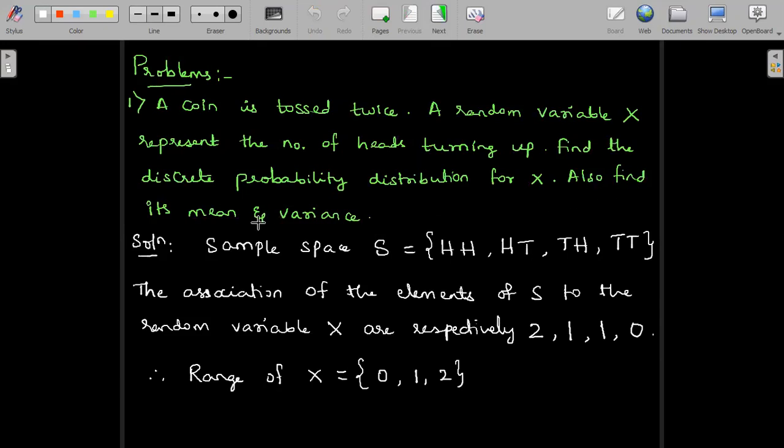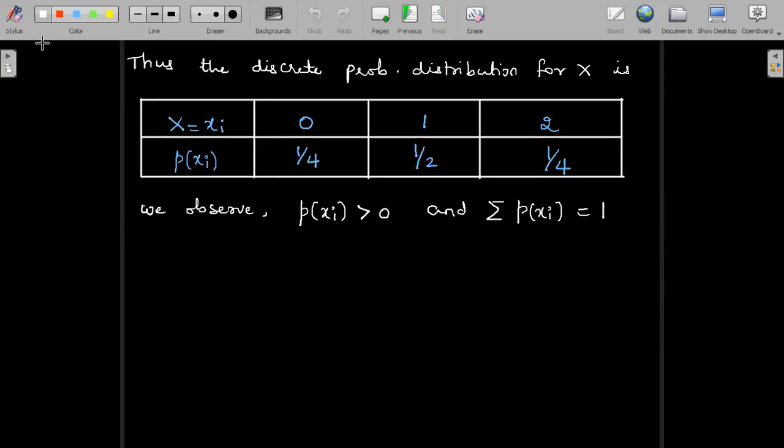Now we have to find out mean and variance. So let us find mean and variance. The formula for mean mu is given by summation over i of xi into p of xi.